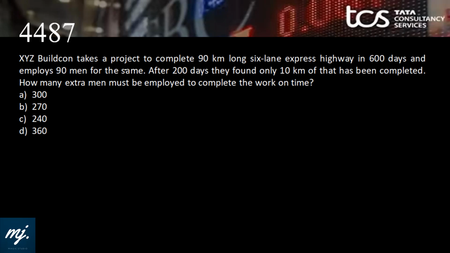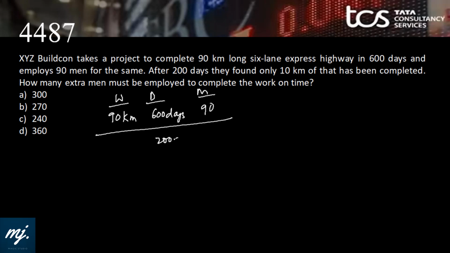XYZ Buildcon takes a project to complete a 90 kilometer long 6-lane express highway. That means the work to be done is 90 kilometers in 600 days, and they employ 90 men for the same. Okay, this is the contract.